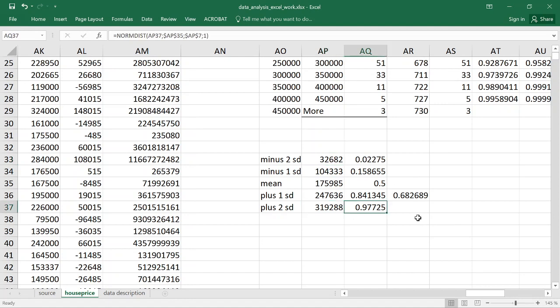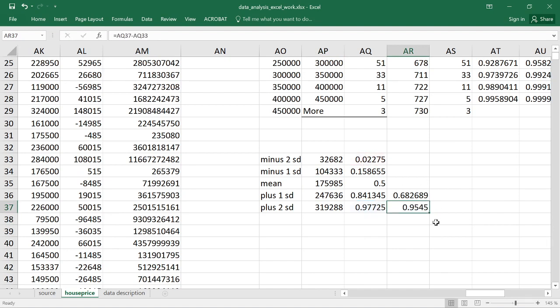And there is a probability of about 97.7 to observe prices below 319, which is given by the mean plus two standard deviations. And now we compute the difference between those two values.